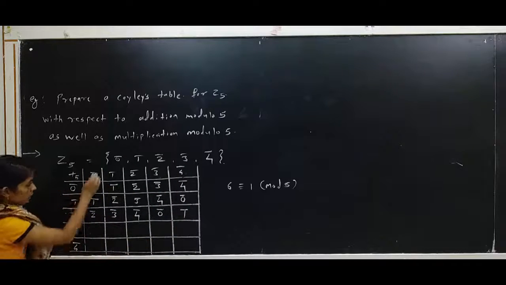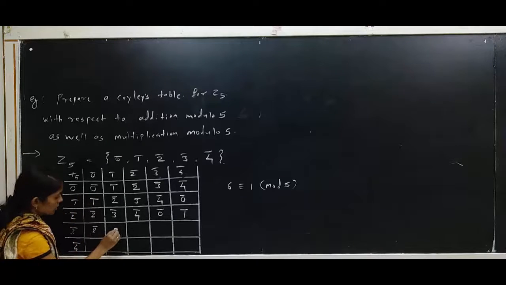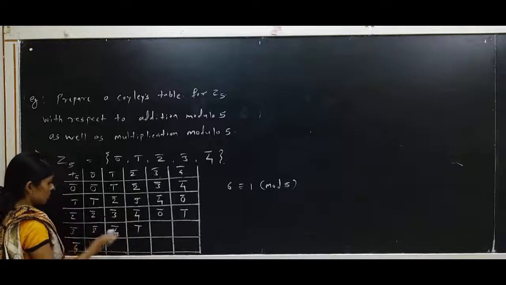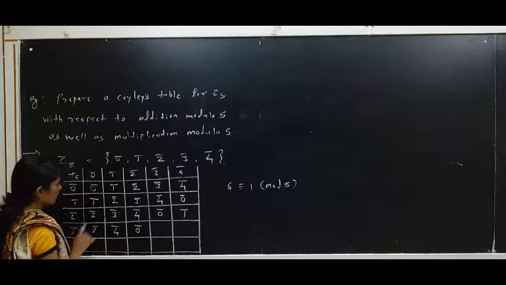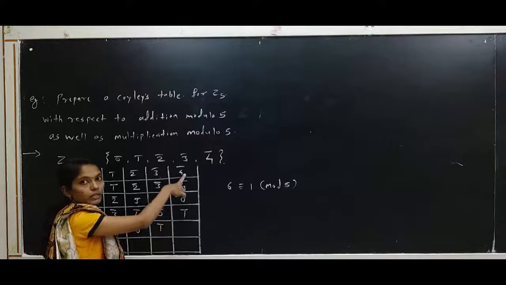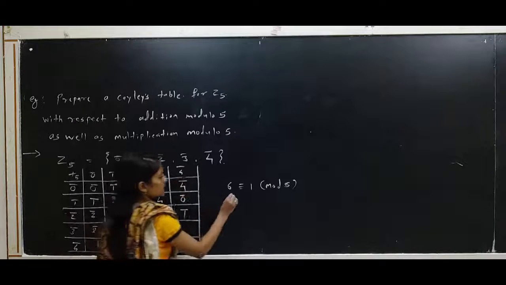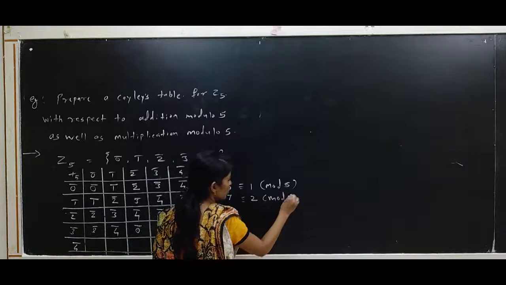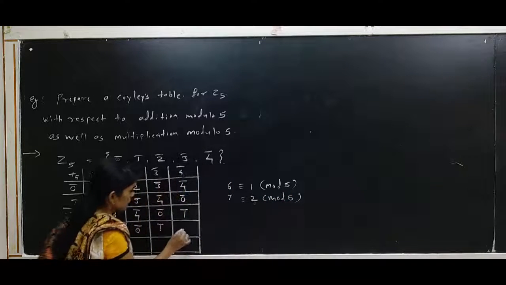Now 3 plus 1 is 4, 3 plus 2 is 5, that is modulo 5, that is 0. Then 3 plus 3 is 6, so 1, 3 plus 4 is 7. So 7 is congruent to 2 modulo 5, that means we get 2.